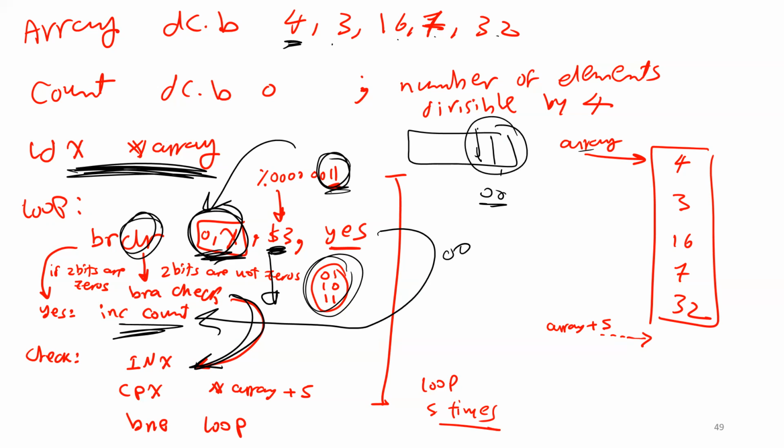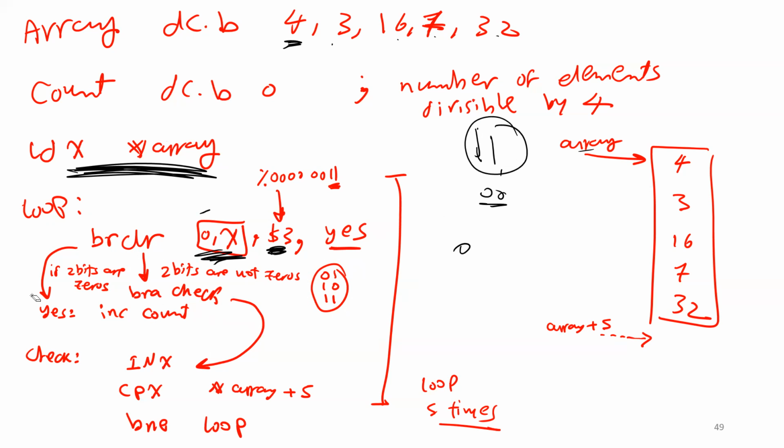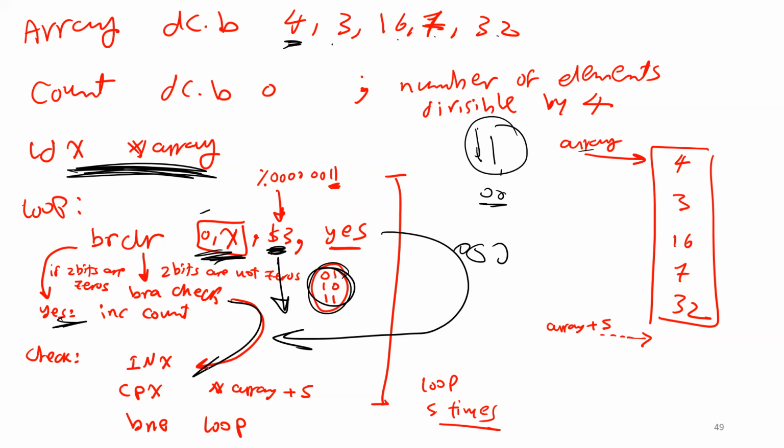If anything else, like 0, 1, 1, 0, 1, 1, the branch is not going to be taken. What do you mean the branch is not going to be taken? That means I'm going to come this way. We're going to come to yes here in case of 0, 0. If I come this way, I have to skip the count. I only increment the count, because I want to count how many elements are divisible by 4. Every time I find an element divisible by 4, I'm going to increment the count.